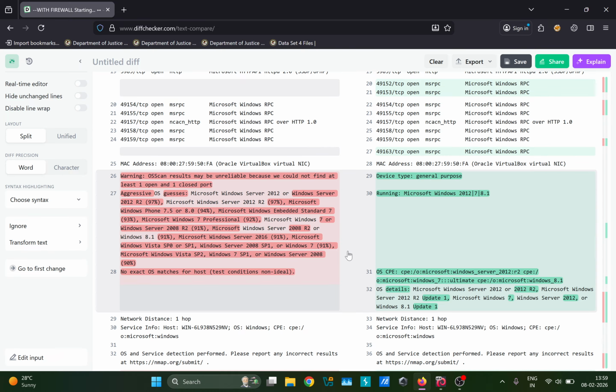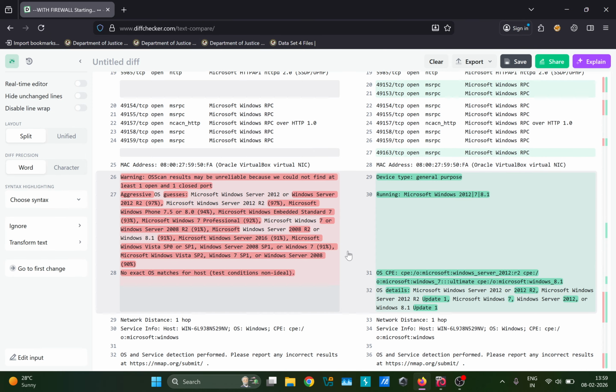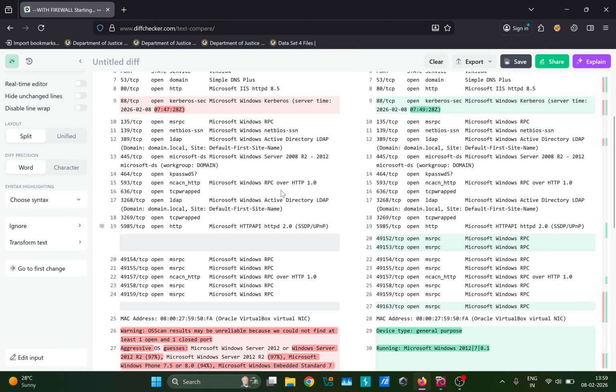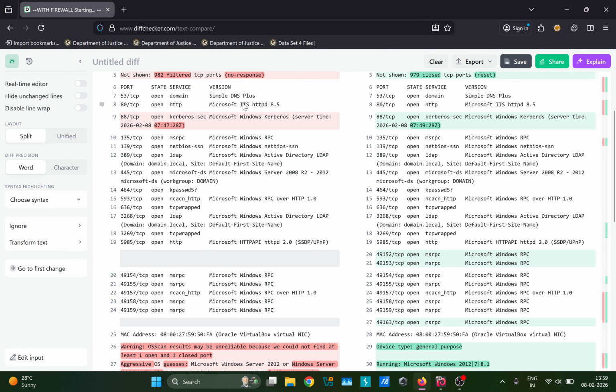The use of the OS and versions is that when you find the exact version, you may be able to deploy the exact exploit for this device. For example, let's say I found this, which is not a regular port. I'll go for HTTPD on port 80, IIS HTTPD is running 8.5. When this 8.5 is vulnerable to some vulnerability, we can get that exploit and easily exploit it by knowing the version.